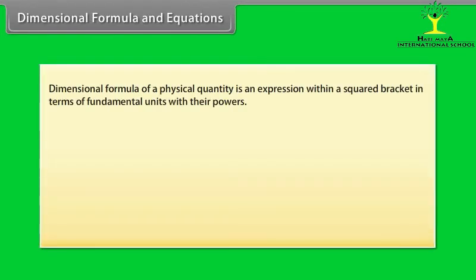Dimensional formula and equations. Dimensional formula of a physical quantity is an expression within a square bracket in terms of fundamental units with their powers. Let us take an example.